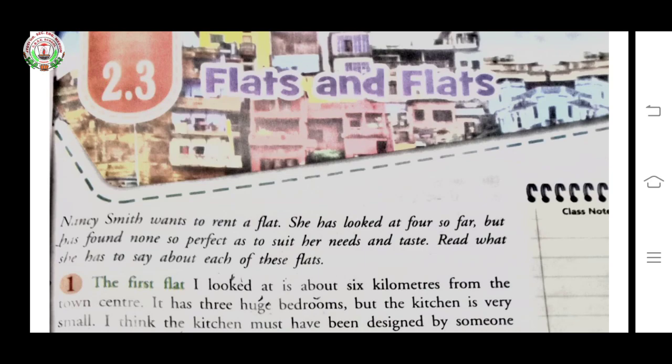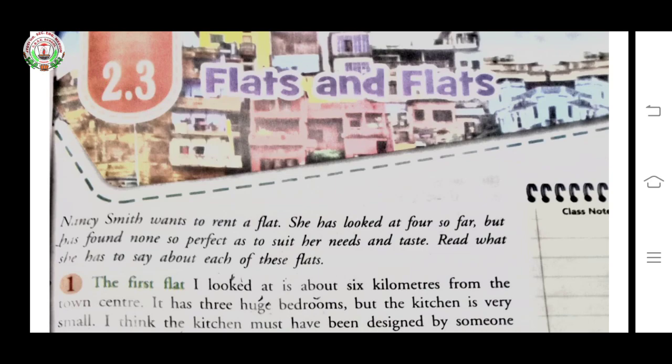Before starting, I want to revise the lesson in short, and then I will continue from the third flat and then the fourth flat. As I taught you in the previous video, a lady named Nancy Smith wanted to rent a flat and therefore she looked for a flat near the town.